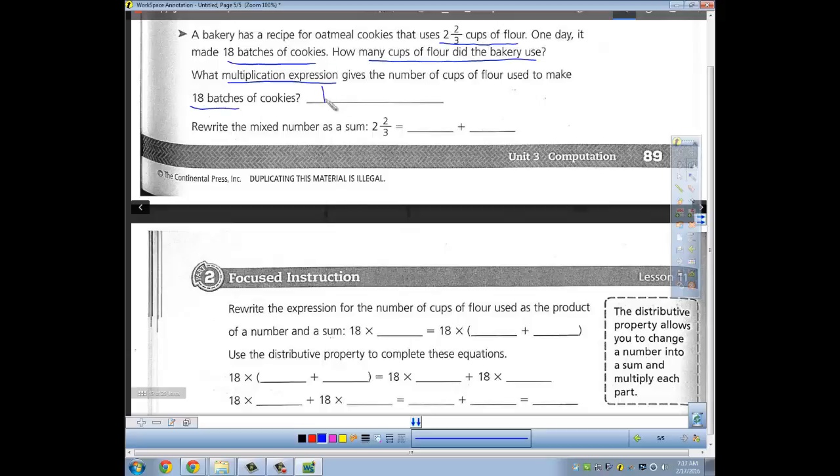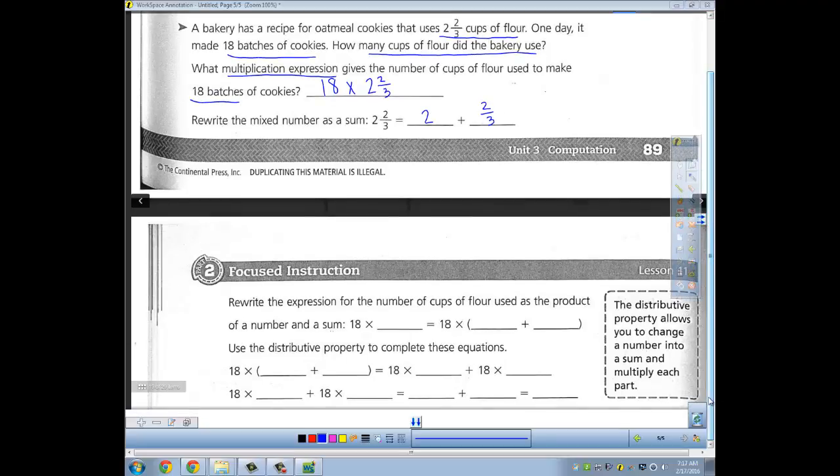So we just take the number of batches of cookies, 18, times the number of cups of flour that we needed, so 2 2/3. They want us to rewrite 2 2/3 as a sum. Well, 2 plus 2/3 is the same thing as 2 2/3, so it's just each part separated.